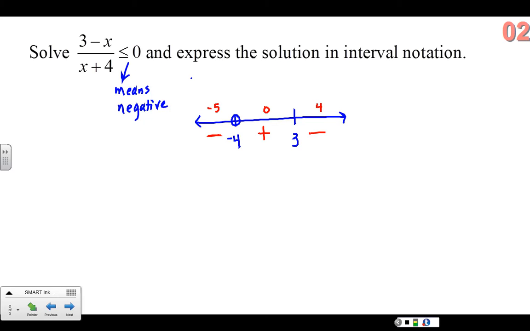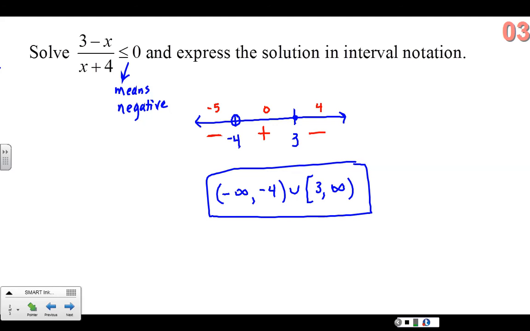So the negative intervals are from negative infinity up to negative 4, and from 3 to positive infinity. So in this case, the interval notation would be from negative infinity to negative 4. We can't include negative 4 ever, so it gets parentheses. And then also, you can equal 3, so we're going to include that one. So union, and then 3 up to infinity. So that's the correct interval notation on this problem.